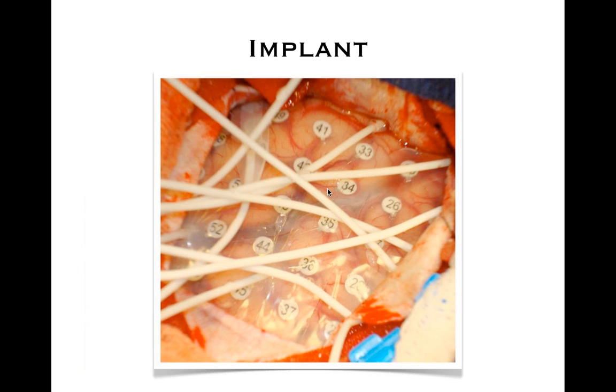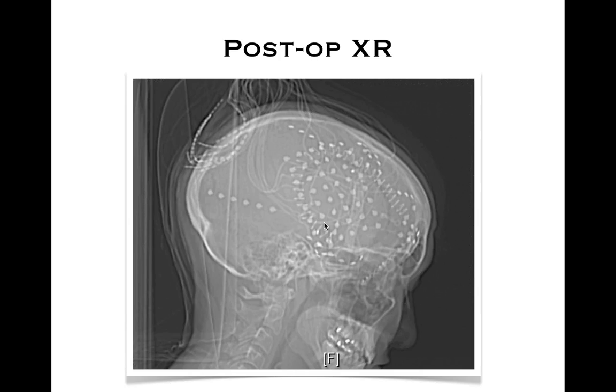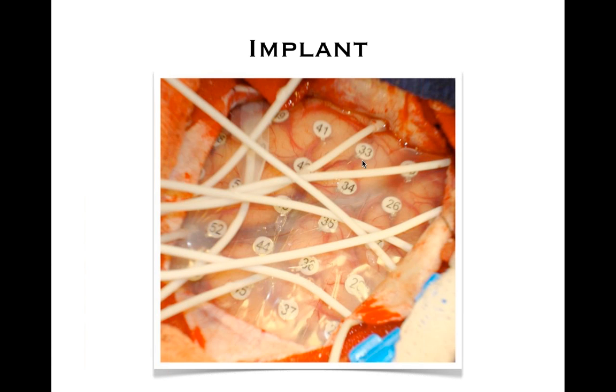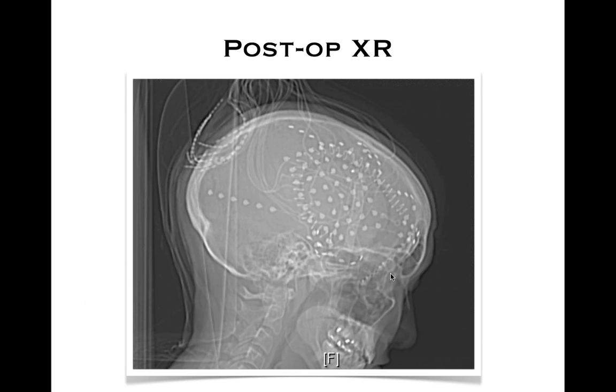This is an example of implanted brain. You see the brain tissue, you see some blood vessels, and these are each individual contact where we're recording data. Then there's some strips that are being placed underneath different areas of the brain as well.